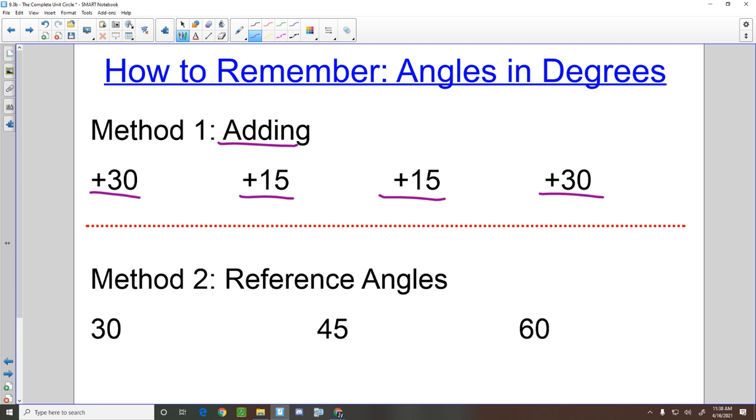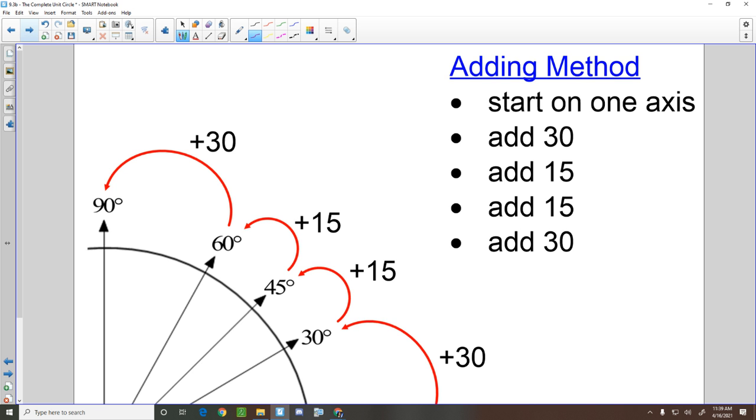You're going to get all the values in that one quadrant. Then you just repeat that pattern for each of the 4 quadrants, and you're good to go. Method 2 is using reference angles. If you remember, that's the little angle, the acute measurement from the x-axis. We're going to take a look at both of those methods, and you can decide which one is nicer for you.